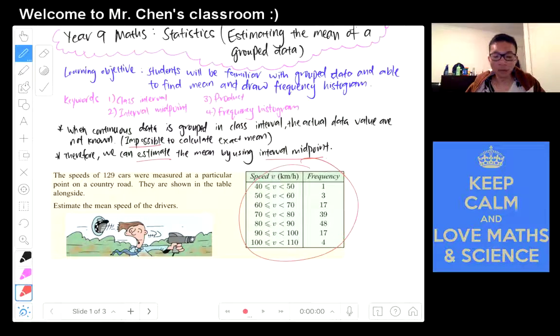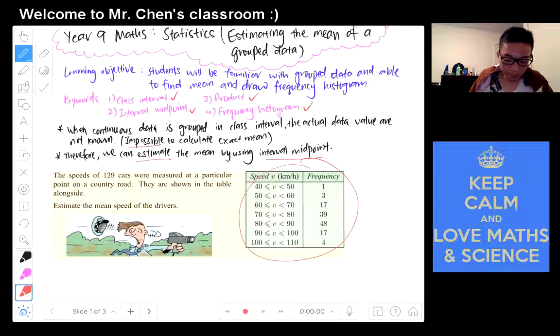So it's quite self-explanatory. The keywords are class interval, midpoint, which is your interval midpoint, which I will explain more. Product means after you multiply something with another number, the thing that you get is a product. And frequency histogram, I'm going to teach you how to plot that as well for group data.